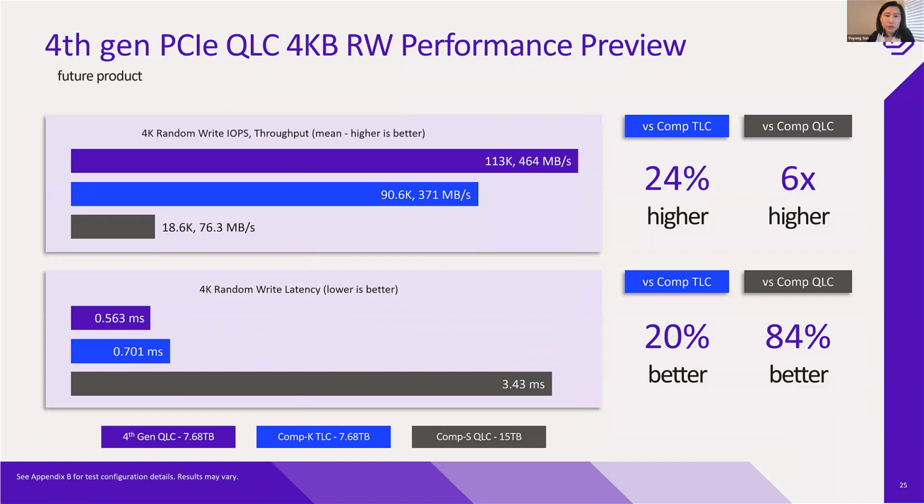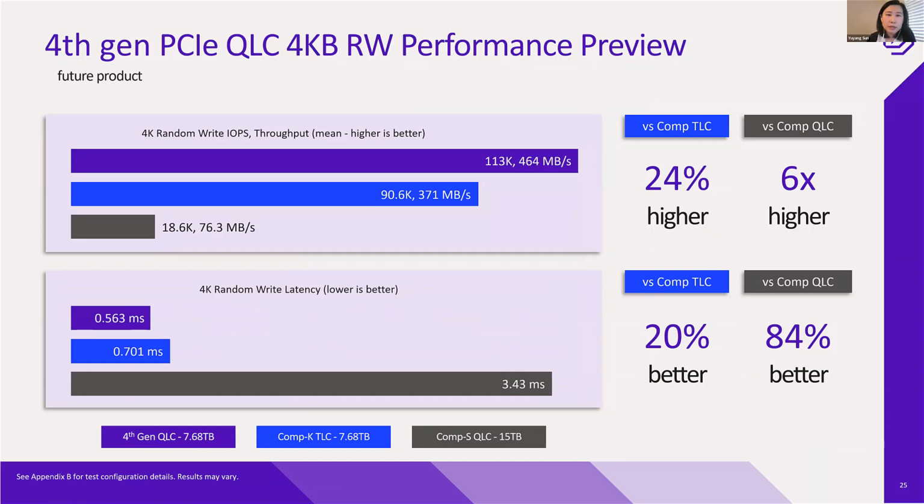So this is a closer look at the performance of the next generation of QLC SSD. As you can see, traditionally, we assume TLC has better performance because it has a higher cost and it has fewer bits per cell, so it should provide better performance.